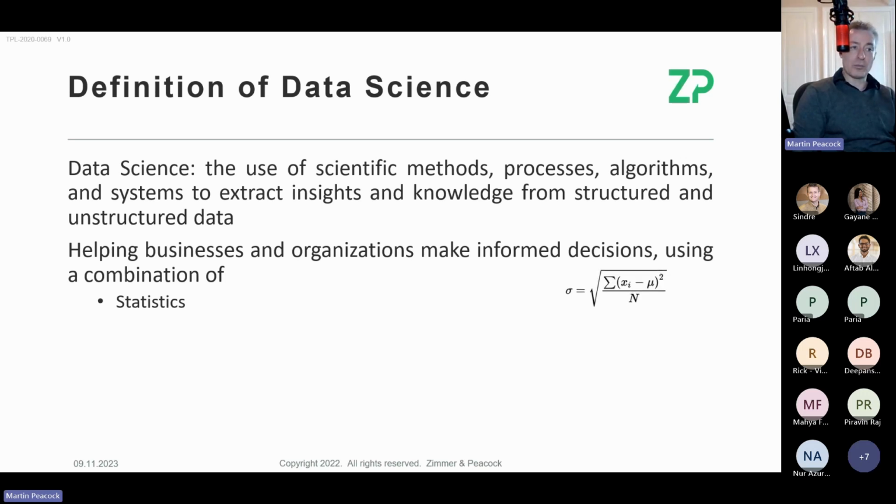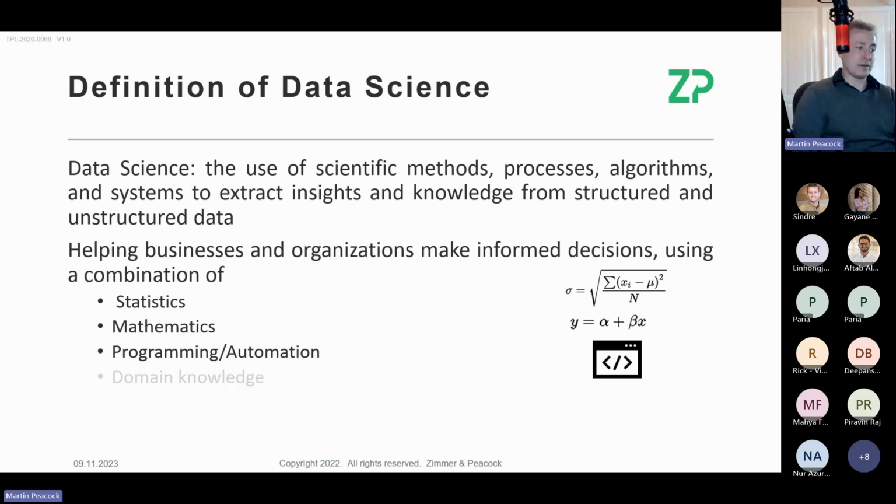It doesn't always have to be complex statistics. It could be mathematics. It doesn't always have to be complex mathematics. A lot of what makes data science much more powerful these days is the programming automation, and we will talk about that today. If we come up with a code that will help us analyze our data in some way, then we want to automate it so that the rest of the company can essentially benefit from it.